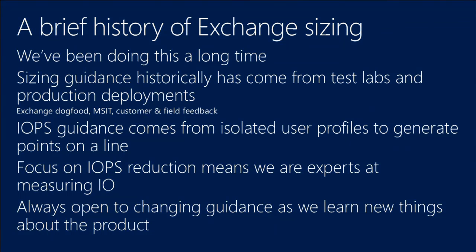Very light users, very heavy users, and somewhere in between. We monitor their utilization of the system over time. We draw those points on a line. Hopefully they're linear. If not, then we go figure out what's wrong with our data or what's wrong with our product. And we come up with a formula for predicting IOPS. That's how the calculator and our sizing guidance produces IOPS guidance.